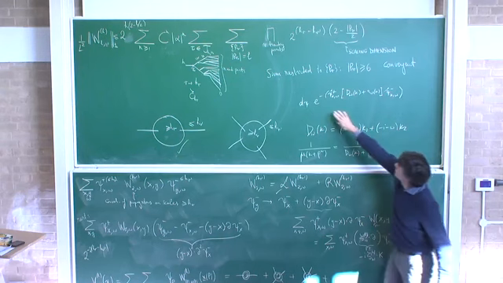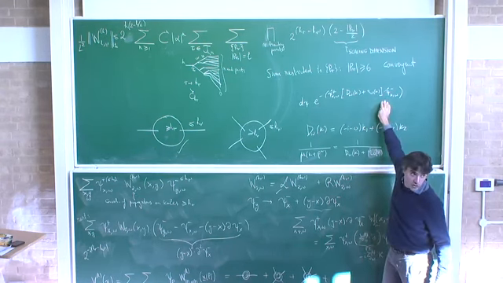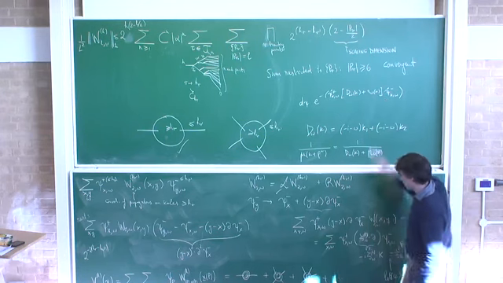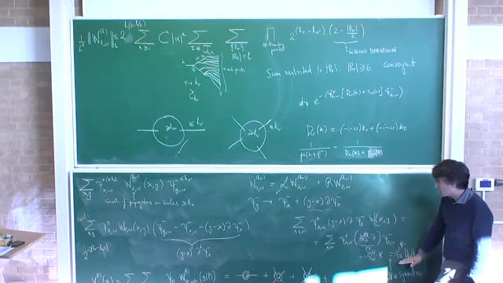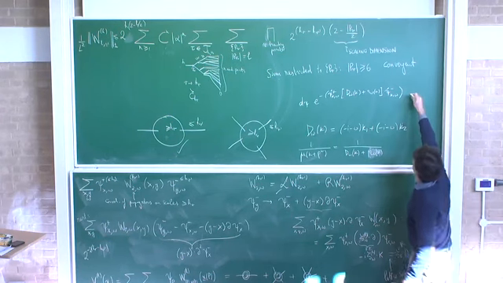Okay. What I'm saying, so you see, this is the reference Gaussian integration we have from the beginning. The term we are producing is a quadratic term of exactly the same form.